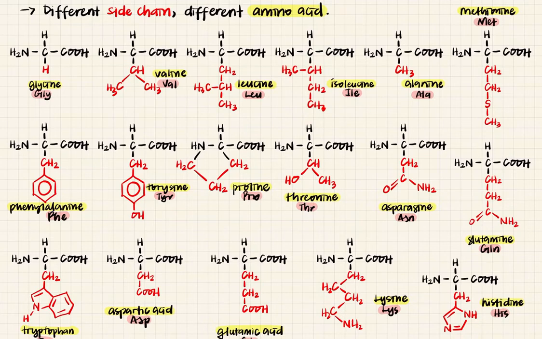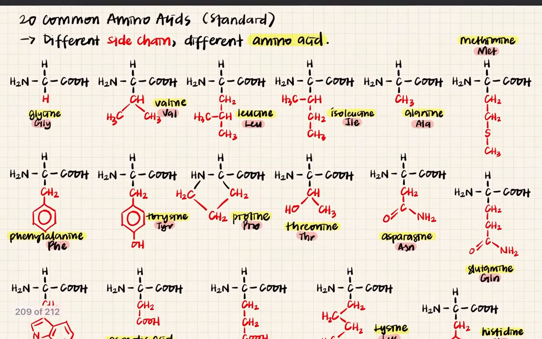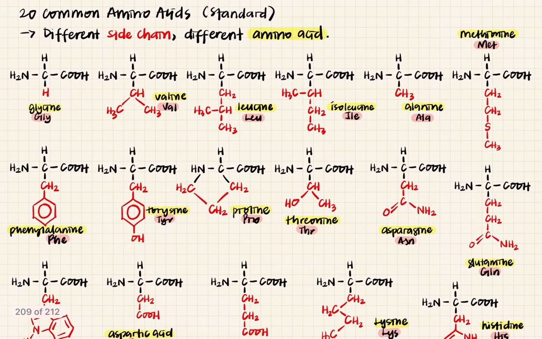The ones highlighted in red are the abbreviations for the common names of your amino acids. So these are a few common amino acid names.